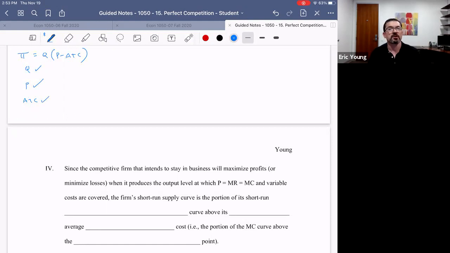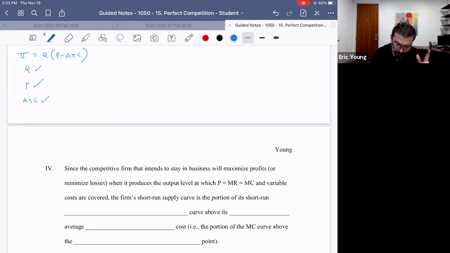And once you've done those three steps, you'll have Q, you'll have P, you'll have ATC, and then it's simply a matter of looking at your numbers and using your formula or drawing your boxes to determine profit or loss.